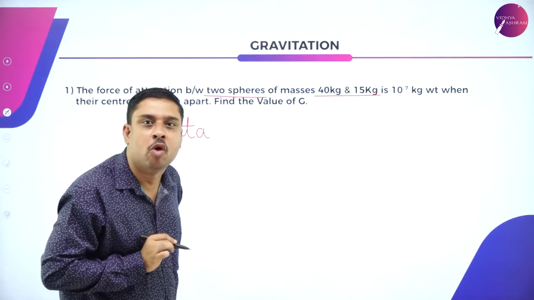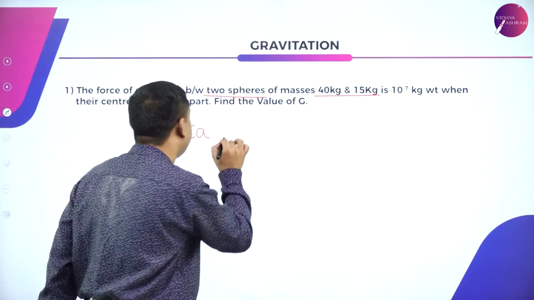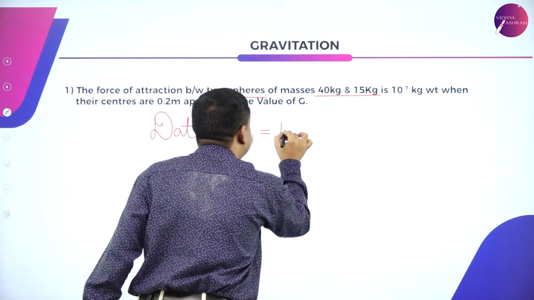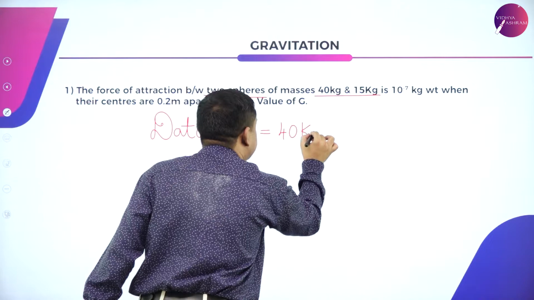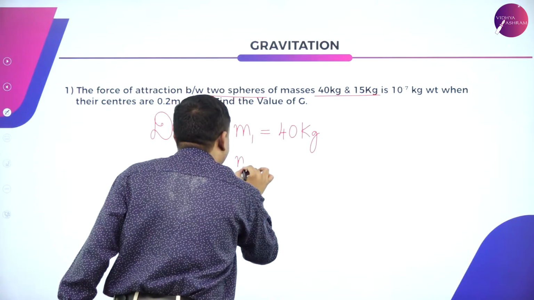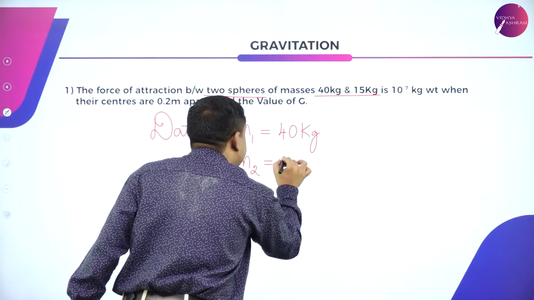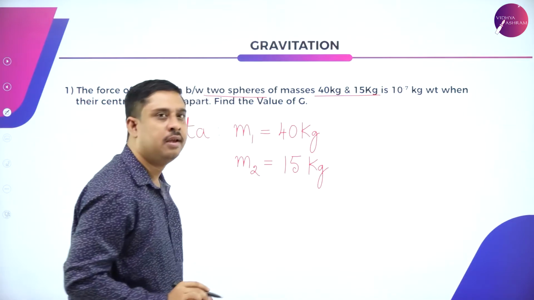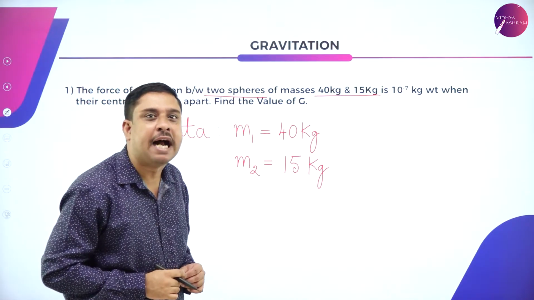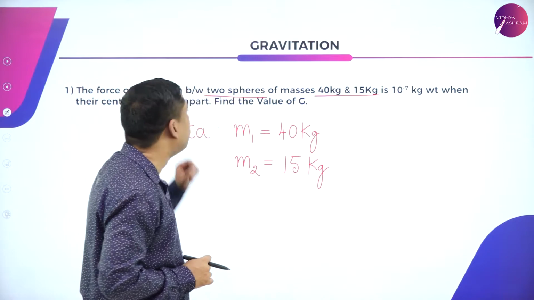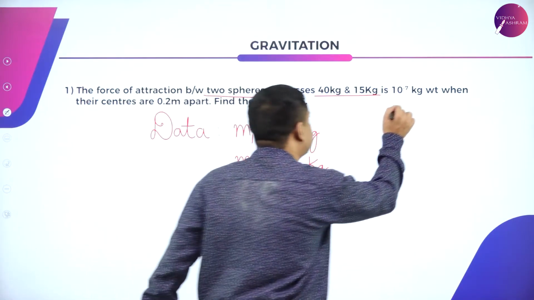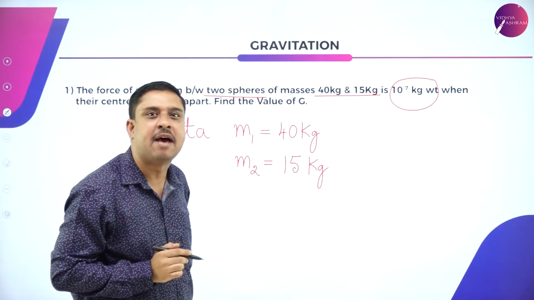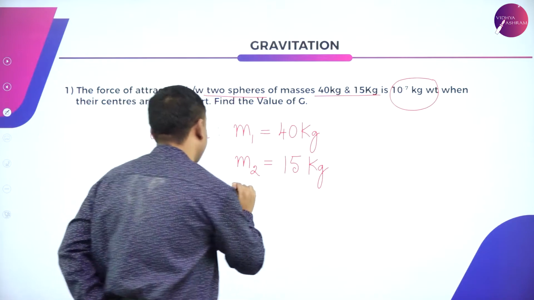First, we will note down the mass of the two spheres. M1, which is 40 kg, and M2, which is 15 kg. And the force of attraction between these two spheres is 10 power minus 7 kg weight.